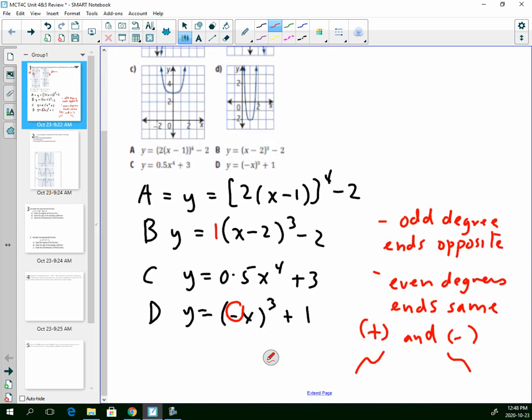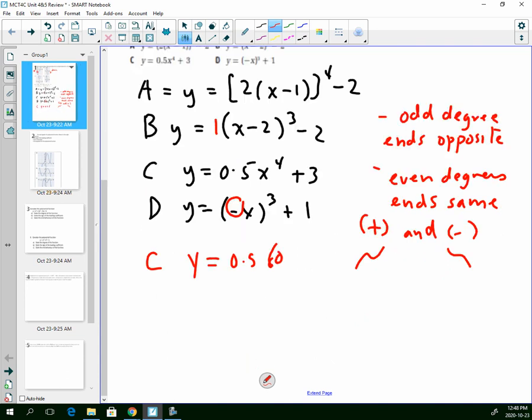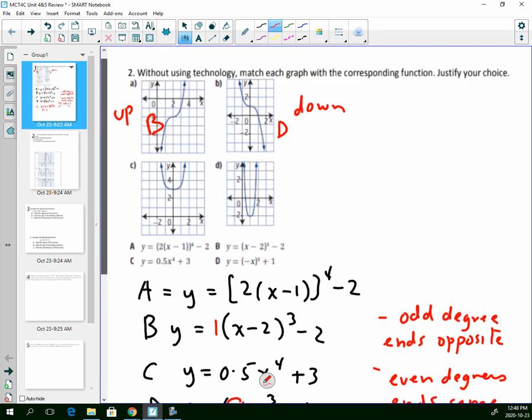If I look at C, and I just sub in 0 for x, that's an easy point to find. I get 3. So C has to go through 0, 3, which would be this one. So that must be C, which making this one A. So I need that information to narrow down which is which.